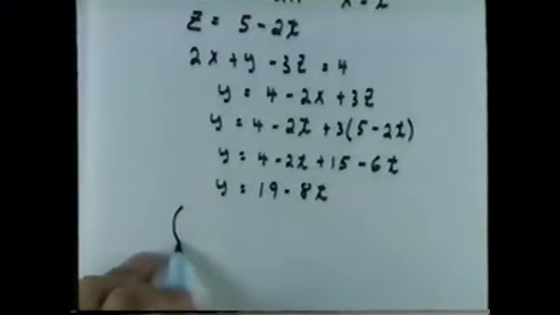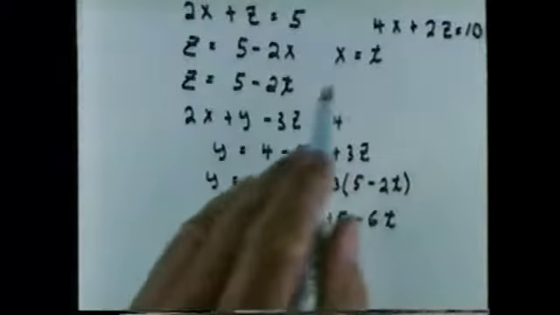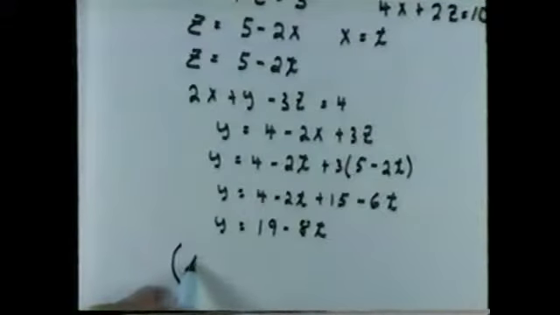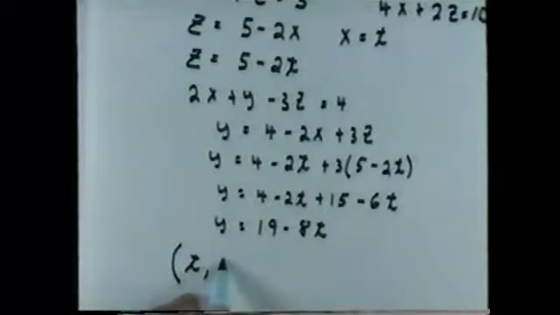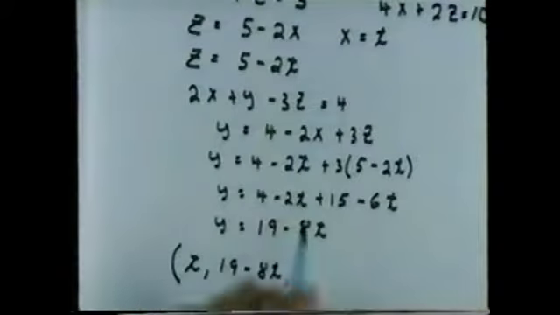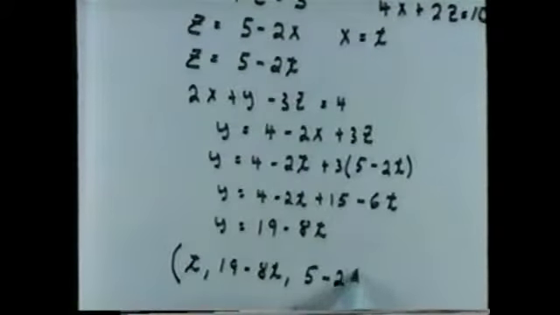So then we can write the solutions parametrically as x is t, y is 19 minus 8t, and z is 5 minus 2t.